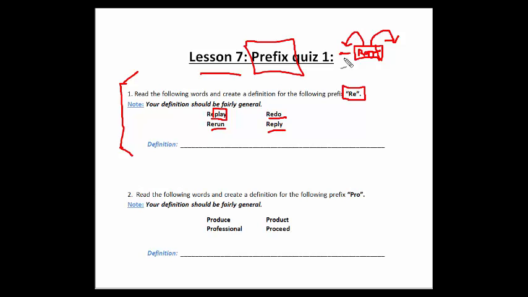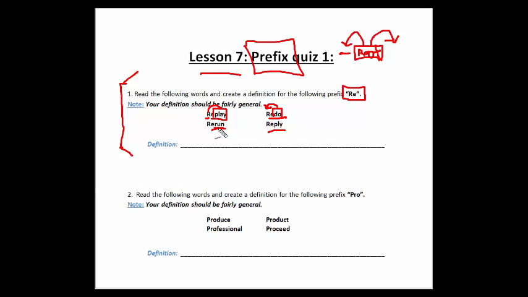If you look at the first part, the prefix is re. When you play, you are doing something as a kid. When you replay, you are doing it again. The root word here is do. Do is to make. We look at the prefix re, redo. We are going to make it again.